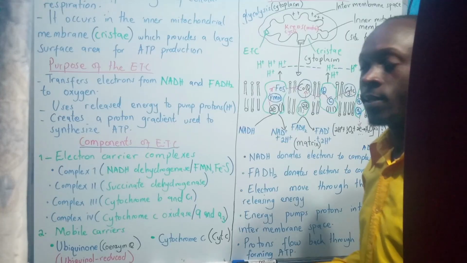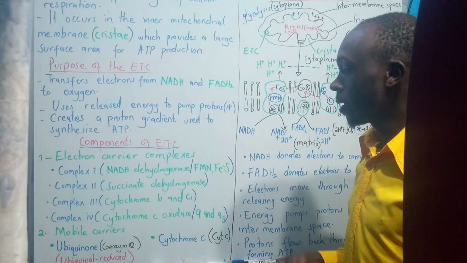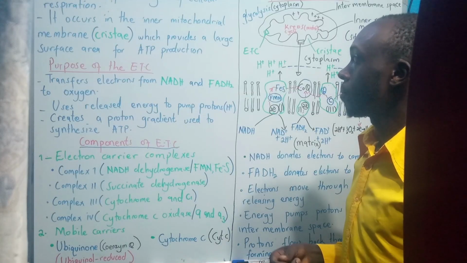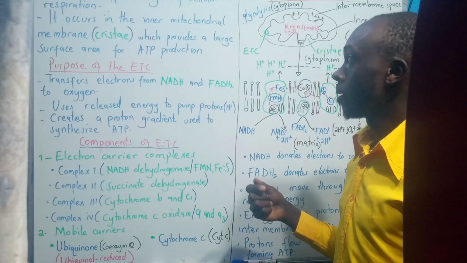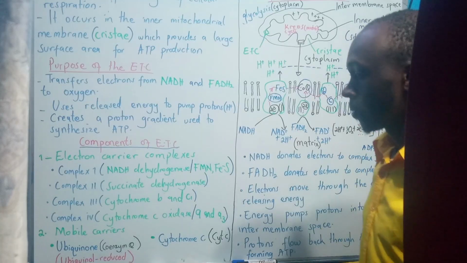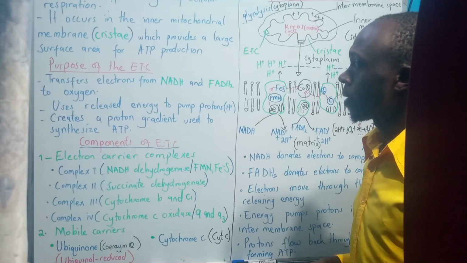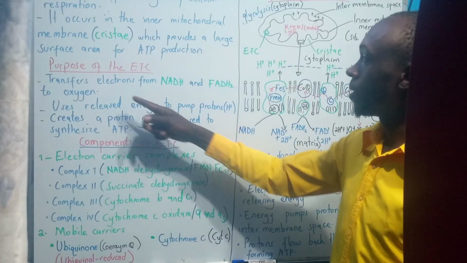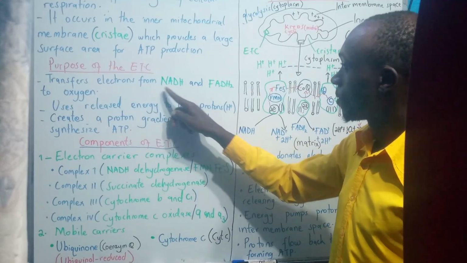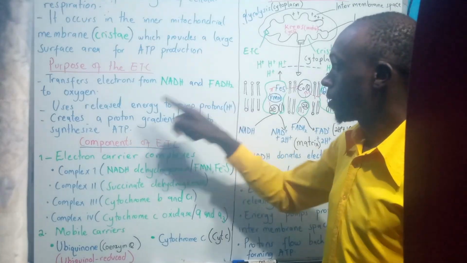The foldings found in the inner mitochondrial membrane provide a large surface area for ATP production. So we can look at the purpose of the ETC. The electron transport chain transfers electrons from reduced NAD and reduced FAD to oxygen.